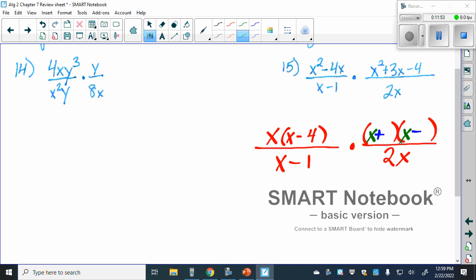Now we need to look at the factors of 4 that we want, either 1 and 4 or 2 and 2. Well, it'd be nice if the 1 was negative, because if it is, I have an x minus 1 on top and bottom, which would mean that the 4 has to be positive. And if we do check this, we would get negative x plus 4x, which is positive 3x. That's the middle term that we wanted. Any questions on this here?